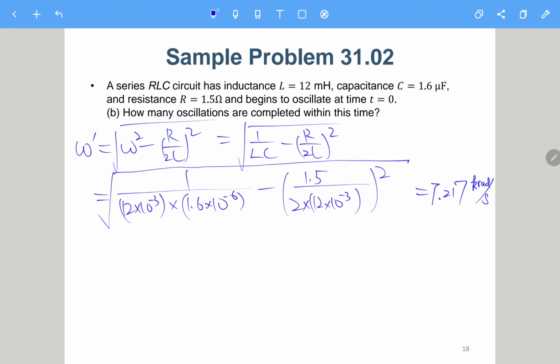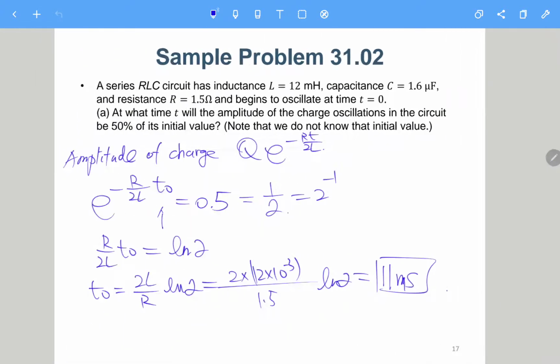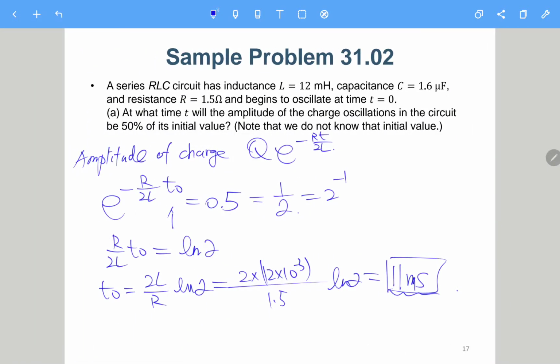Okay, so when we consider the number of oscillations, it should be the total time. The total time is 11 millisecond.